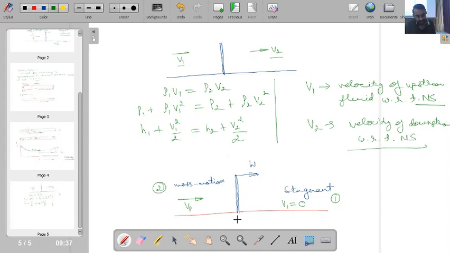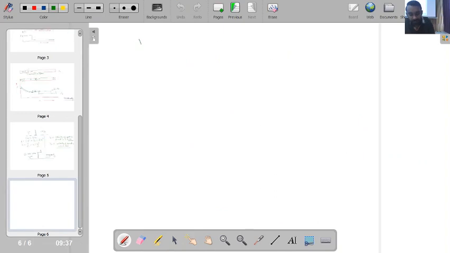Now once again, if you put your observer on the shock wave, then with reference to the observer you will experience that V1 is equal to W and V2 is equal to W minus Vp.